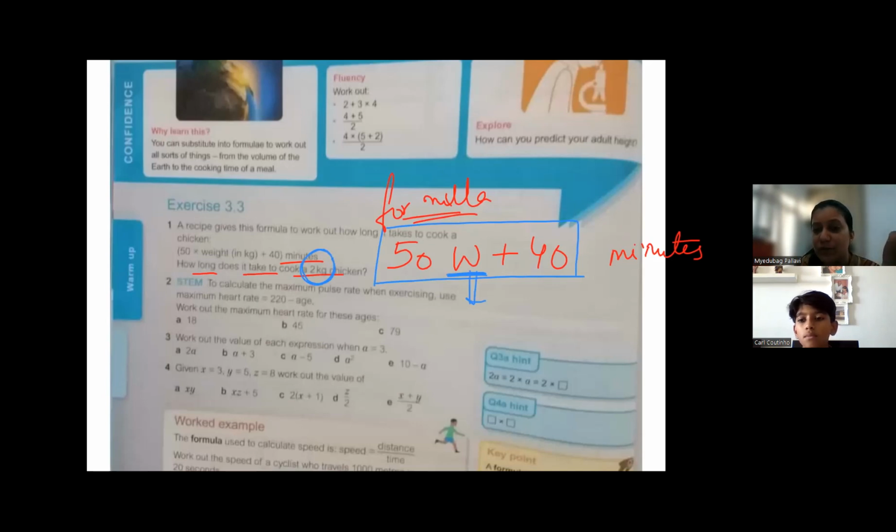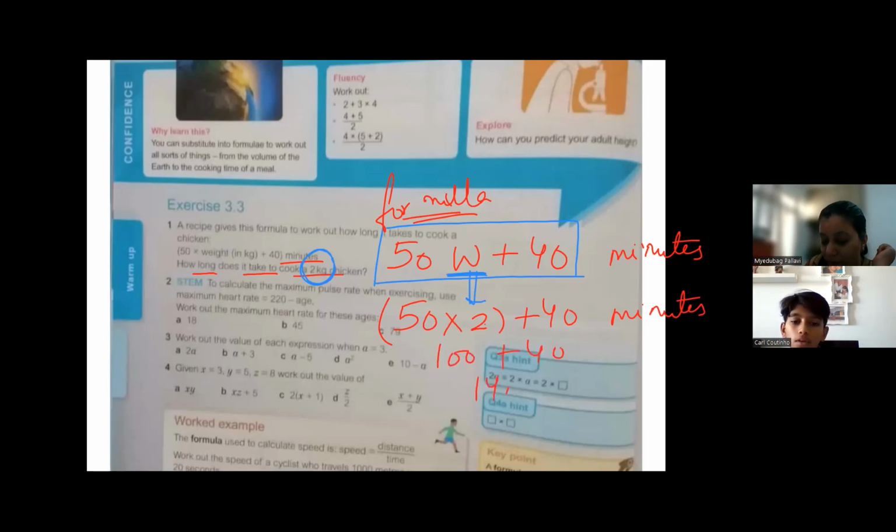So we'll substitute this value in place of W. 50 multiplied by 2 plus 40. Whatever answer comes will be in minutes. 50 multiplied by 2 is 100, plus 40, it will be 140 minutes.